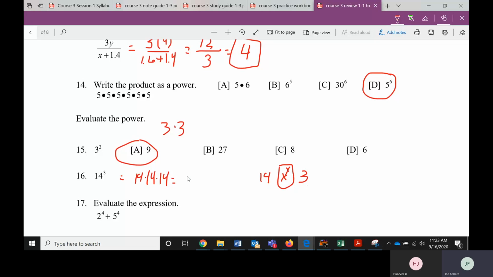Either one of these methods, you can see exponents get big fairly quick. 2,744.